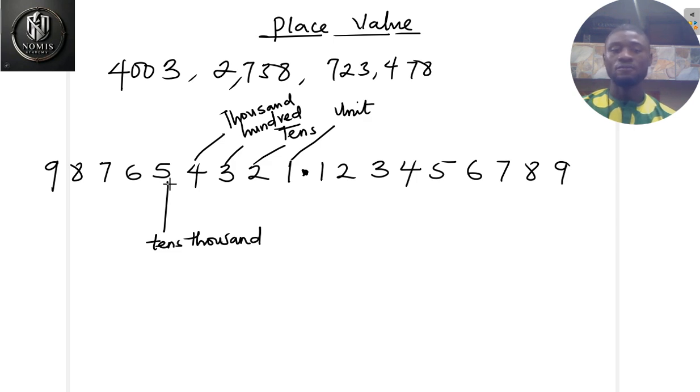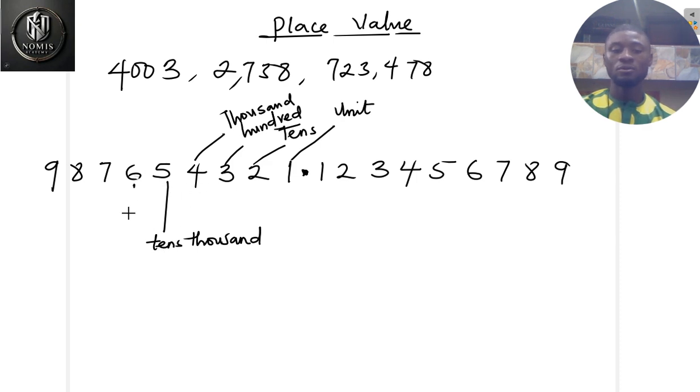So this will be 54,321. You can see it now. For tens of thousand, I have to multiply the 5, or whatever digit appears there, by 10.